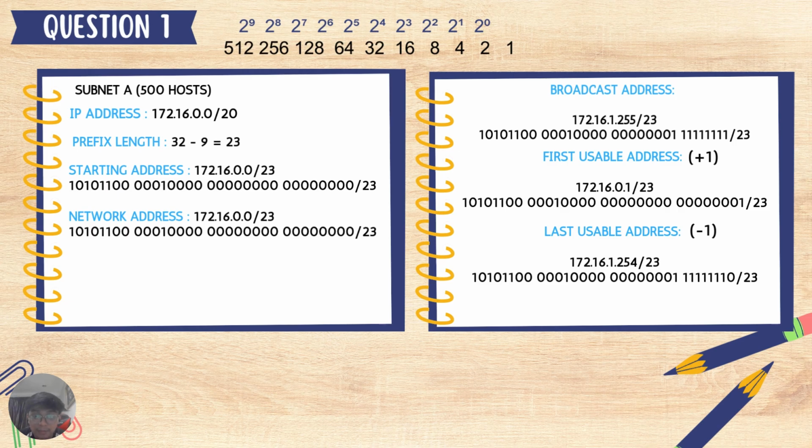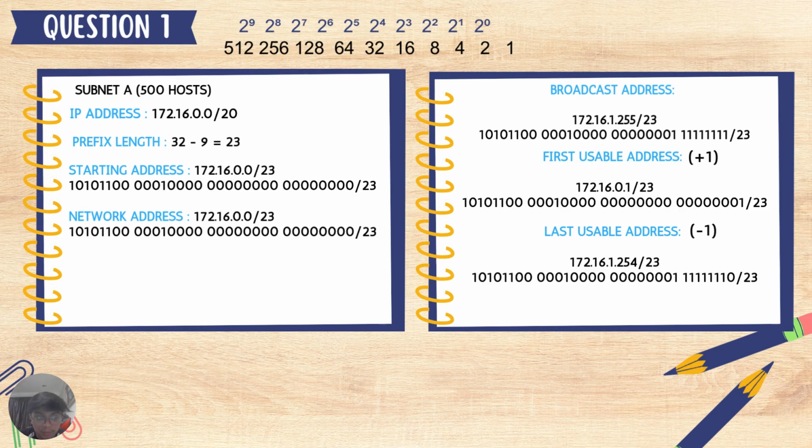Next are the first usable address and the last usable address. First, the first usable address. We take the network address, 172.16.0.0/23, and add 1, so we get 172.16.0.1/23.